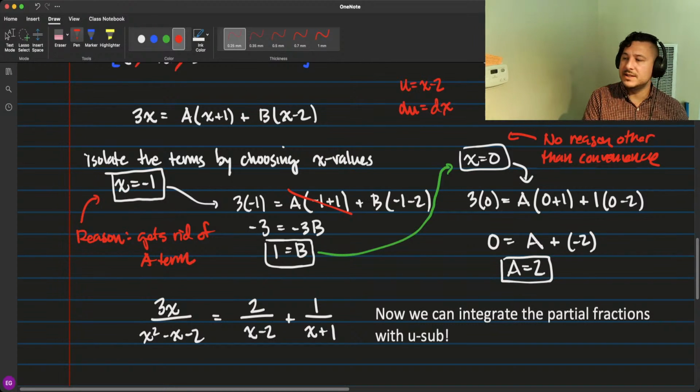Because I know every single equation with 2 unknowns can be turned into 2 equations and 1 unknown. So yes, but I don't remember off the top of my head how to do it because I don't like doing it that way. Okay, so we're going to explore this whole idea of doing partial fractions and then using u sub to solve everything.